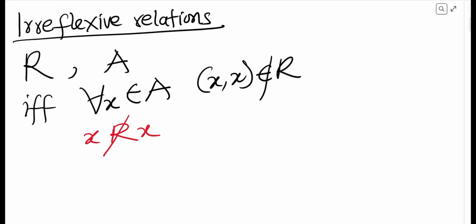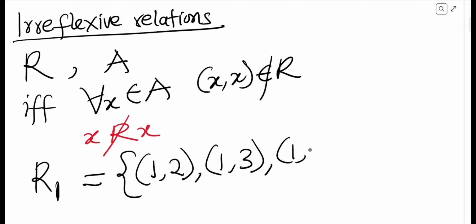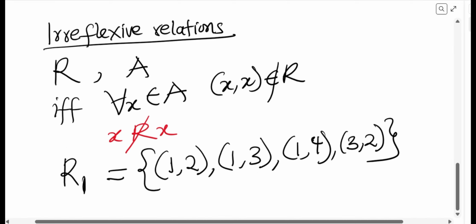one of them. So let's take, for instance, our relation R1 to be equal to {(1, 2), (1, 3), (1, 4), (3, 2)}. Let's work with this example.